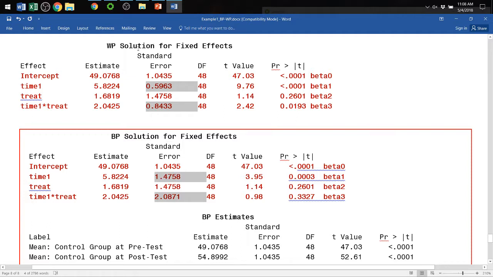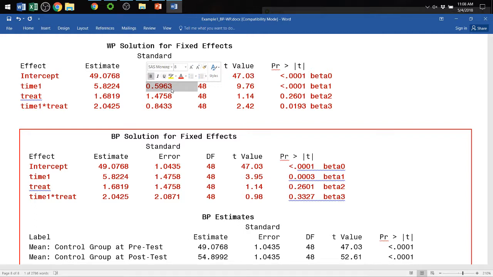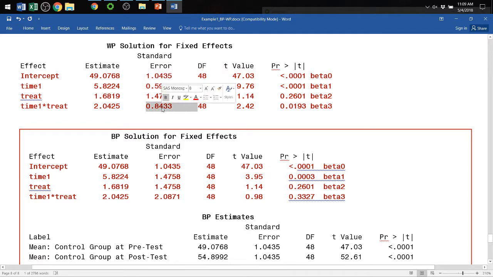But the within-person model understands that it's not fair to think about all the error as one thing, because time can't possibly explain why some people differ from each other. They were the same people the whole time. So it's not fair to think about error that's between persons as relevant to testing the time effect or its interaction.